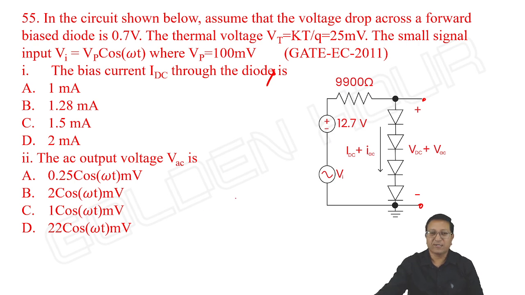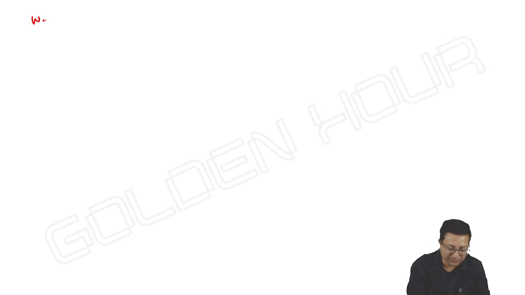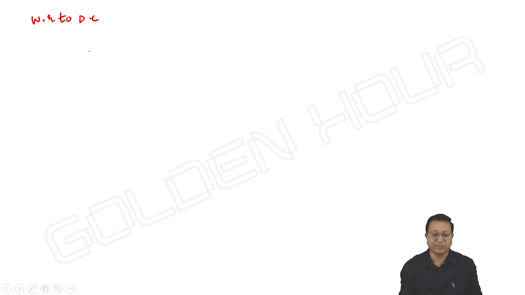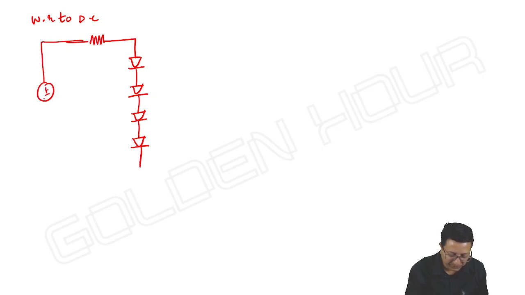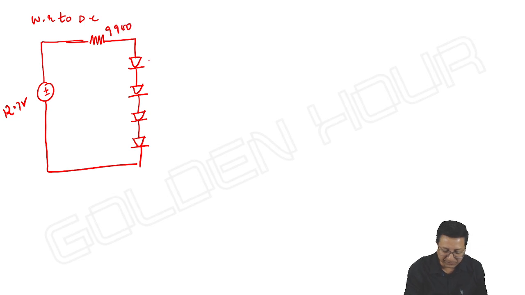First let us take the circuit with respect to DC. It is 12.7 volts, 9900 ohms, and the voltage across each diode is 0.7 volts.